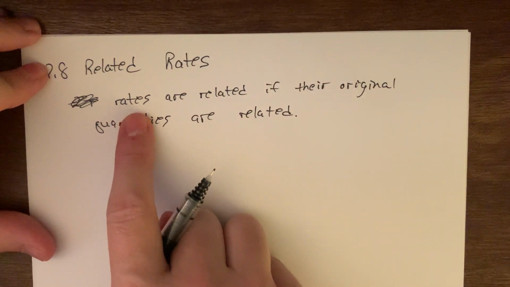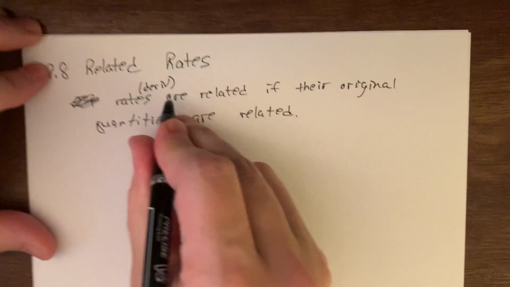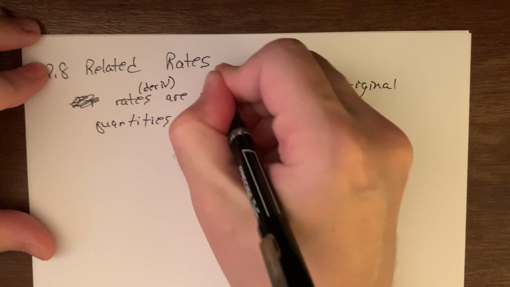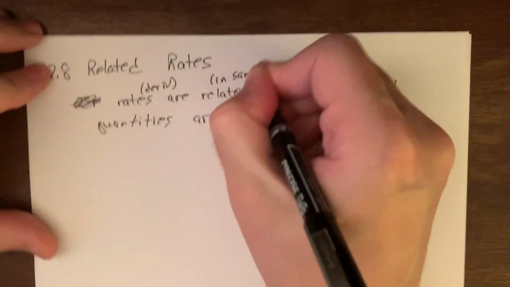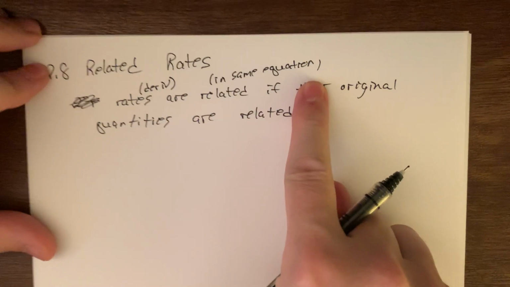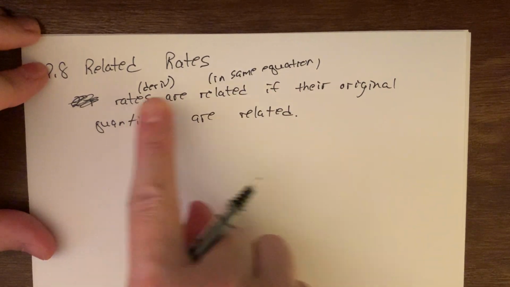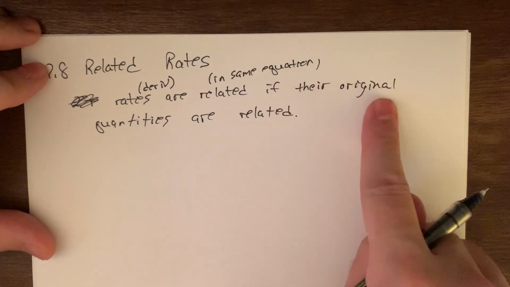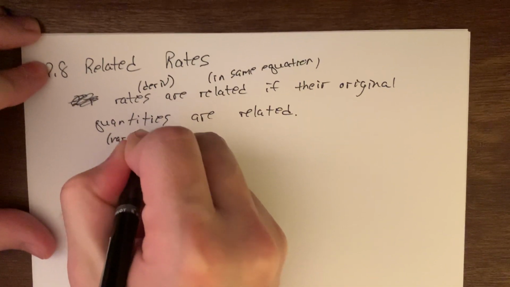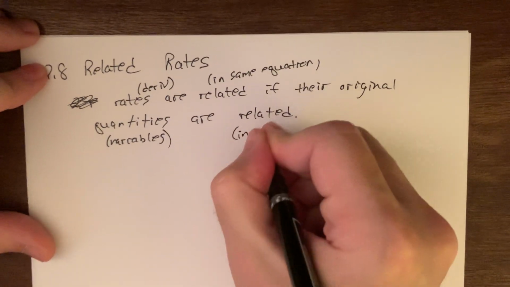Rates, and when I say rates, we're now starting to understand that we're talking about derivatives, are related. Related simply means that they're in the same equation. So this first part simply points out that different rates, different derivatives will be in the same equation if the original quantities, the original variables, are also related, meaning in the same equation.